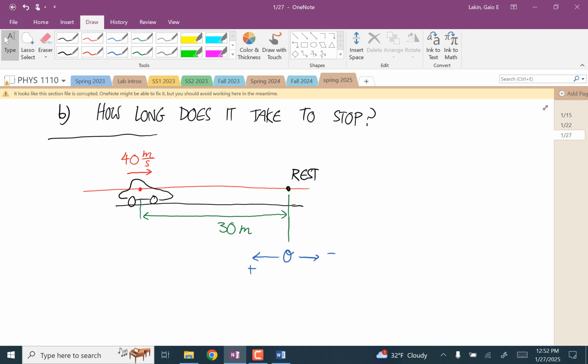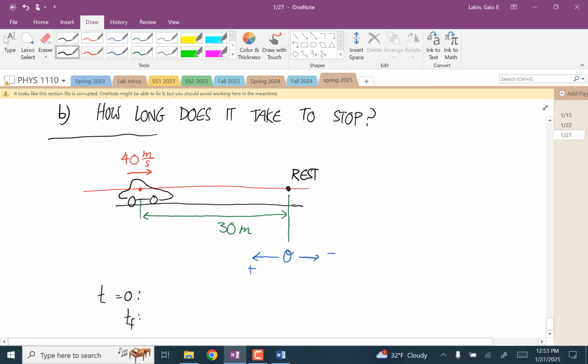And now what about the instants? We're going to have an earlier and a later instant, based on an instant where we have information already and an instant where we're trying to find information. You can maybe do this intuitively and you'd probably be right. If you're thinking of actually timing this braking, you would click the stopwatch on when the car hits the brakes, and then click it off when it comes to rest.